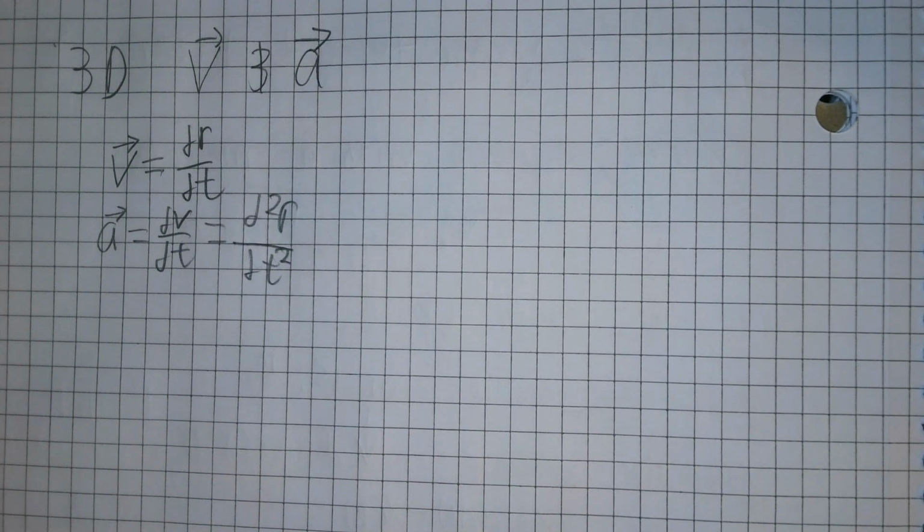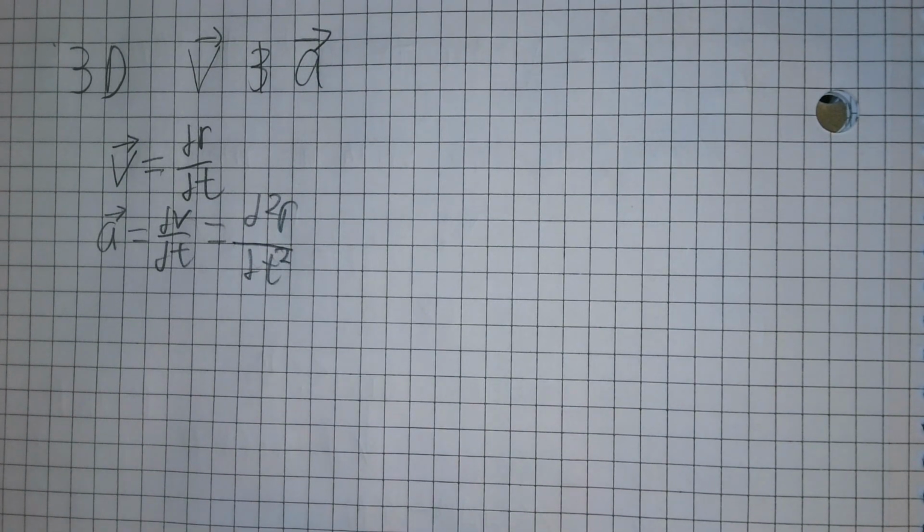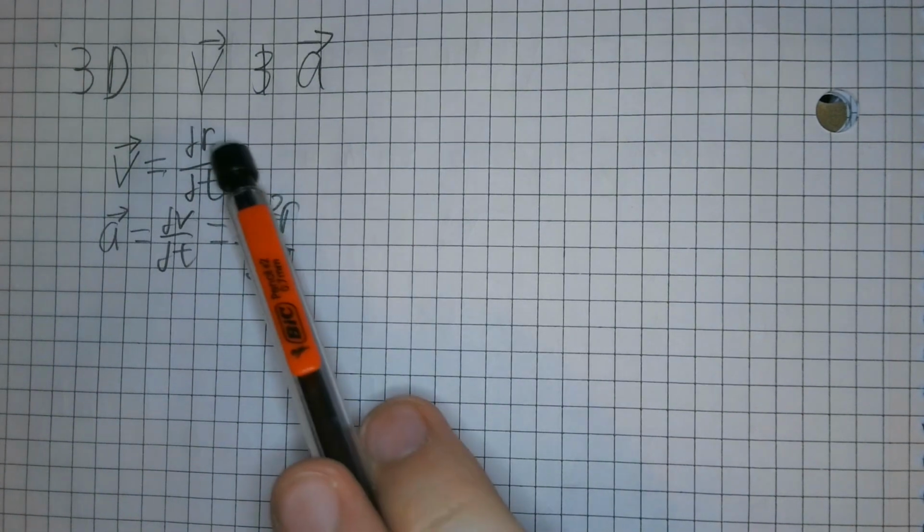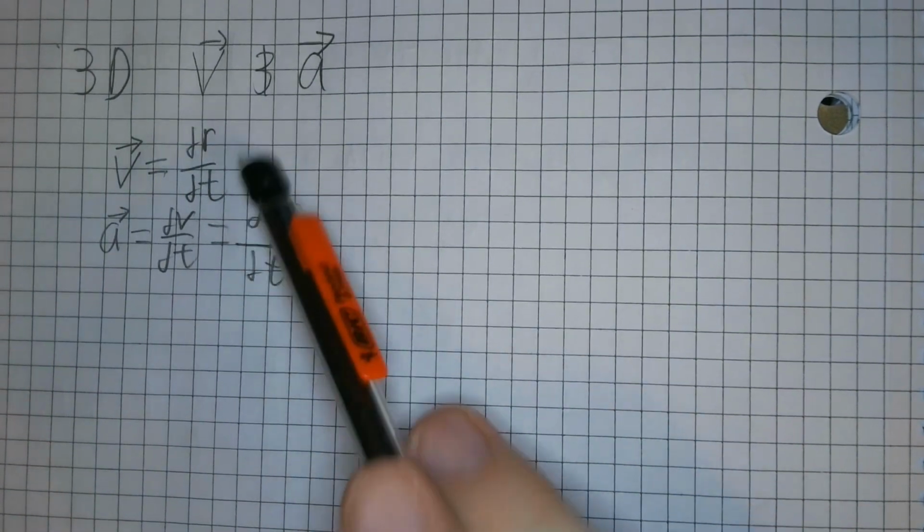Okay? And now I want to talk about a good notation for this, because it can start to get cumbersome if every time we want to write velocity or something, we write it as this.